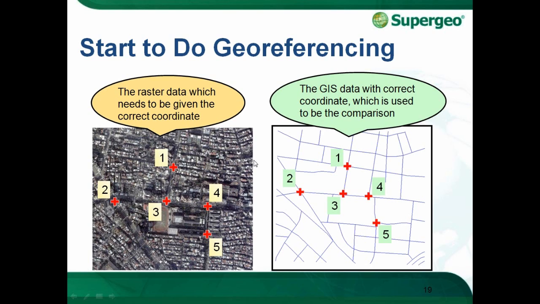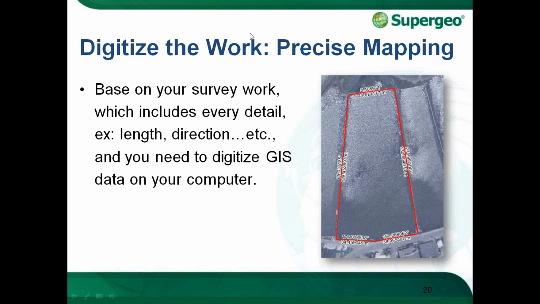You need to add the control points in pairs: add the first point here first, and then add another one at the corresponding location here, then add the second pair, and go on to at least 4 pairs. Then start the georeferencing, which gives the correct coordinate to the raster data.